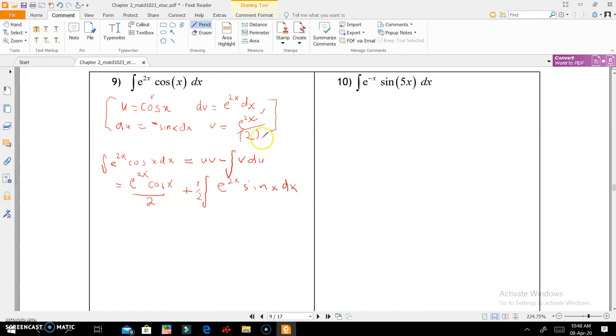Okay, if you look again at this part, you are required to deal with another IBP. So you need to reset all your main frame here and put it again on this part. You can actually pause this video and try to do it on your own.